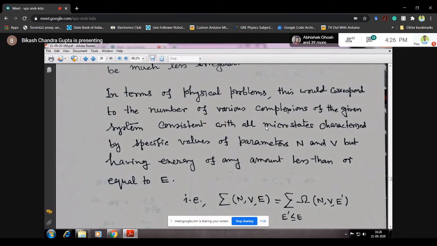So n and v constant, but your energy is varying. Energy is of any amount less than or equal to E. That means your energy of the system is allowed to be anywhere between 0 and E. In that case, you count the total number of microstates, and that quantity sigma is much less irregular.